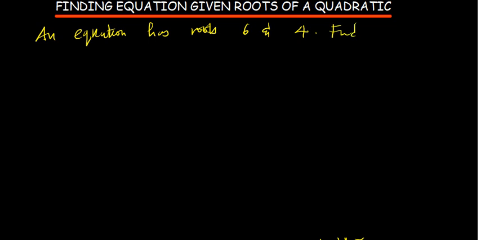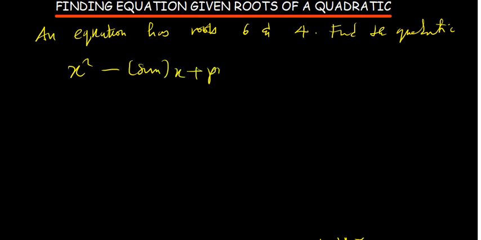Find the quadratic equation. This is the quadratic equation that has these roots, and now I want to find it. Remember the formula: x squared minus sum x and then plus product is equal to 0.